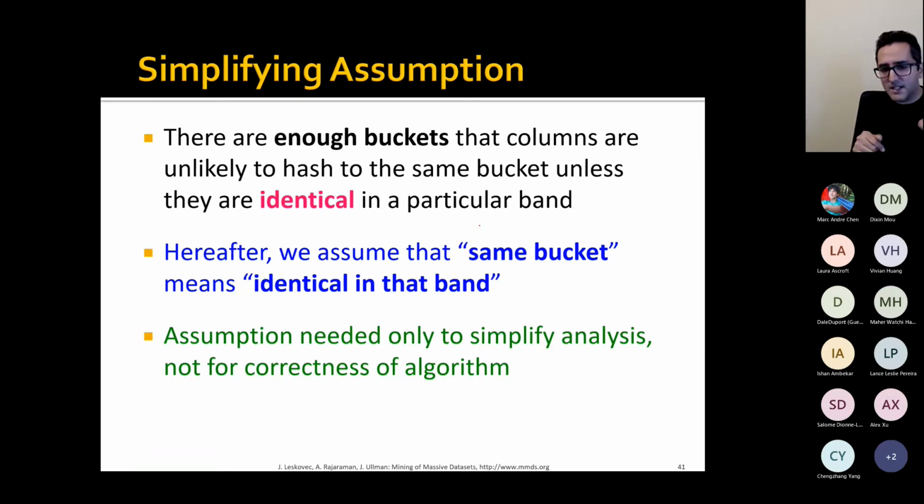This can be a false positive, meaning that two things are not the same but they hash to the same bucket. So we have a verification mechanism. We can check the signature matrix to make sure they are really identical, so we're not too worried about it. But we engineer the number of buckets in a way that hash collision is minimized.